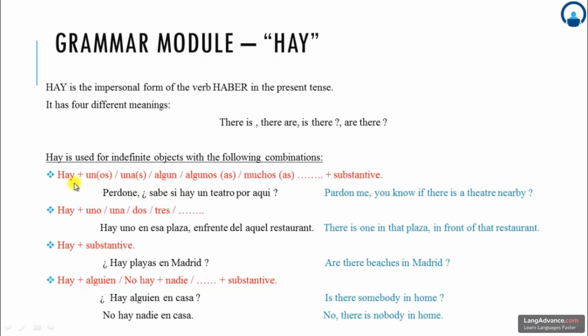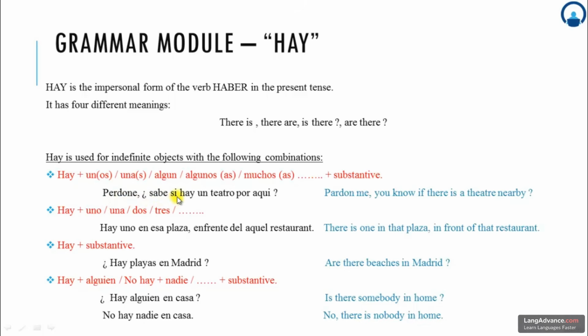That means hay plus un or una or some for masculine, a or an or some for feminine. Algún also means some, algunos, algunas, muchos or muchas. Muchos or muchas means many, and plus a sentence. We'll see an example. Perdone.